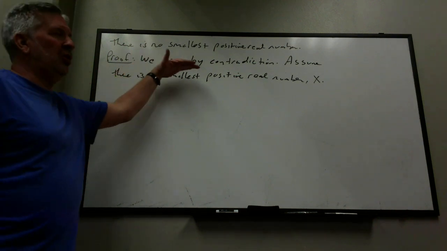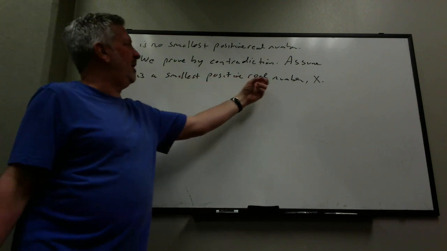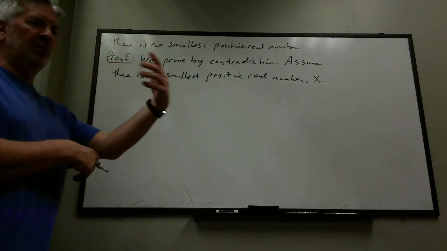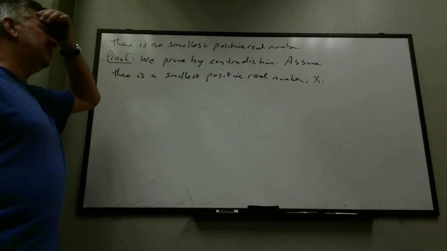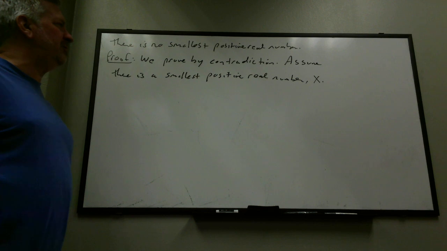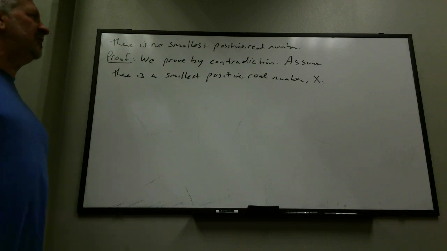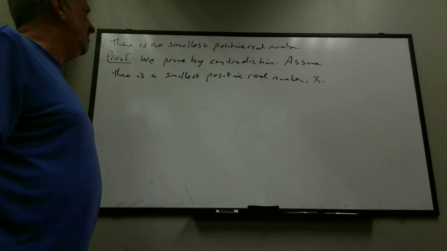Right? So we have to show that this is false. We have to run into a problem. So if there were a smallest positive real number, we have to run into a problem. That means that statement would be false, which means the original statement is true. Now you know we can't have a smallest positive real number, but let's convince the reader, okay, why does that have to be true? We have to be precise.